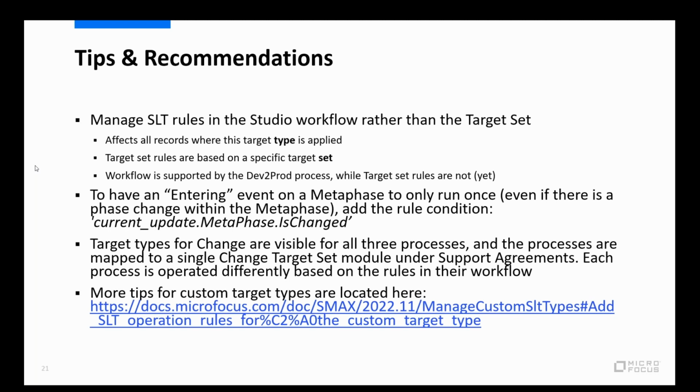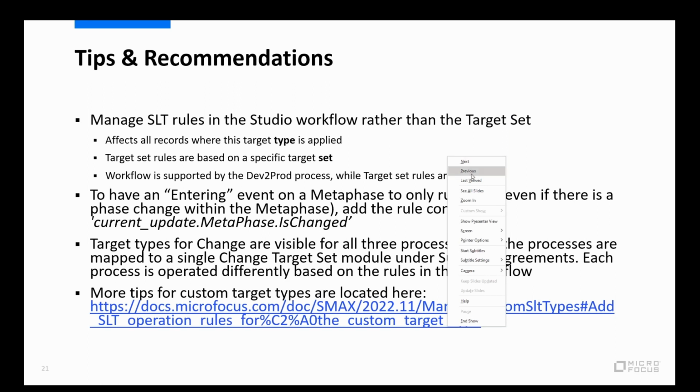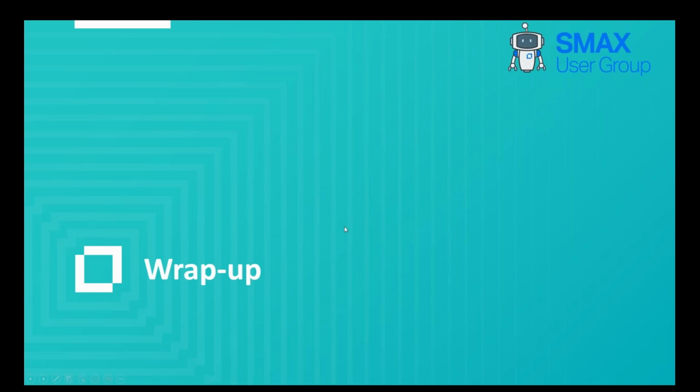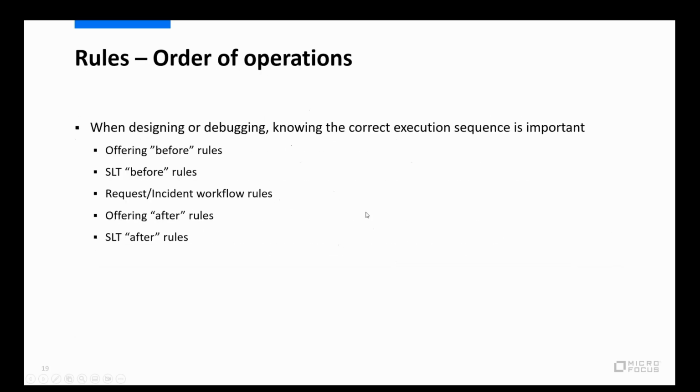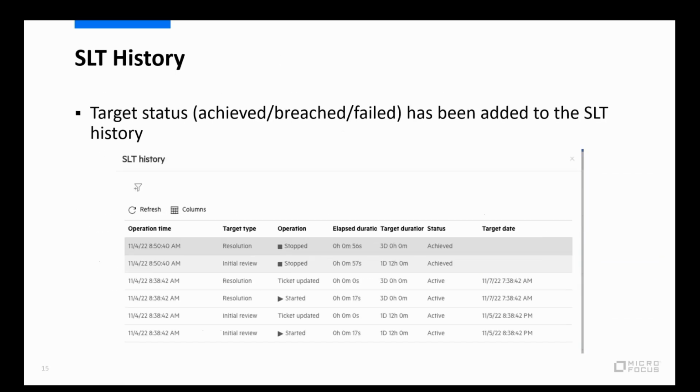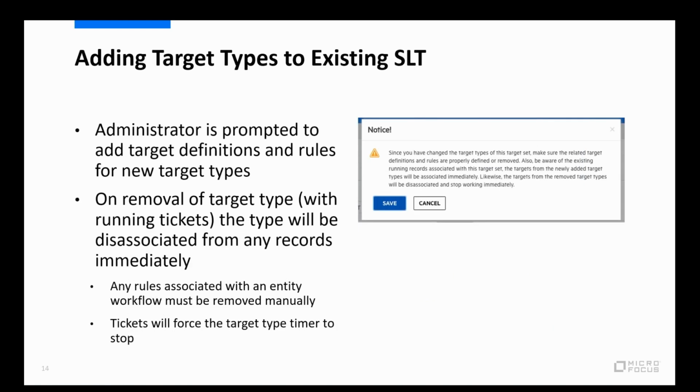All right. Steve, anything in the chat? A couple of questions here. There's one related to the removal of target types. If you go back to slide 14, that's the one we're referencing. The question was: when you remove a target type, will we automatically remove the business rules associated with it at some point in the future?